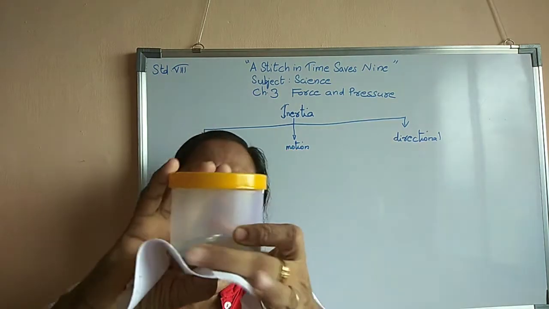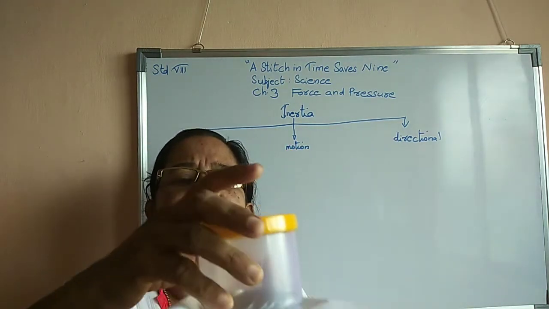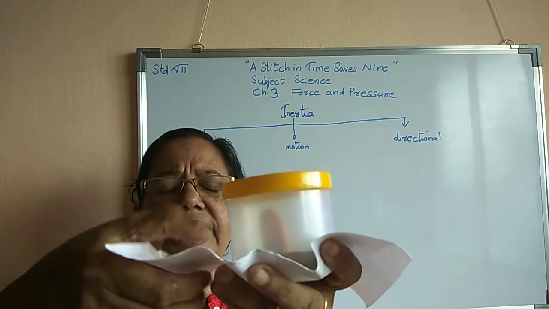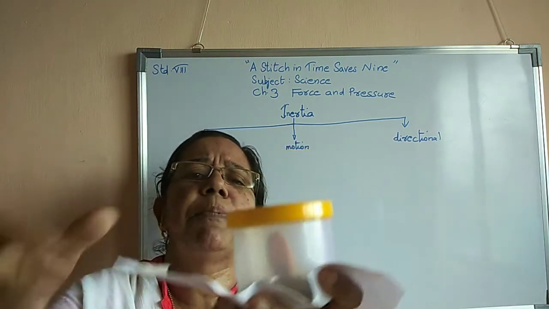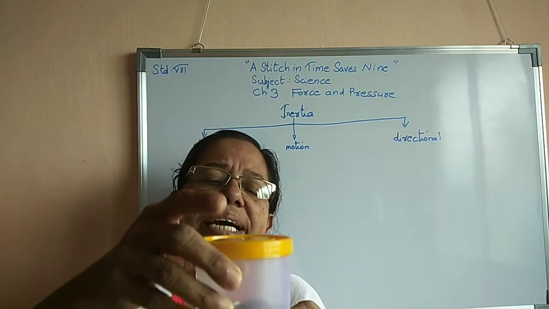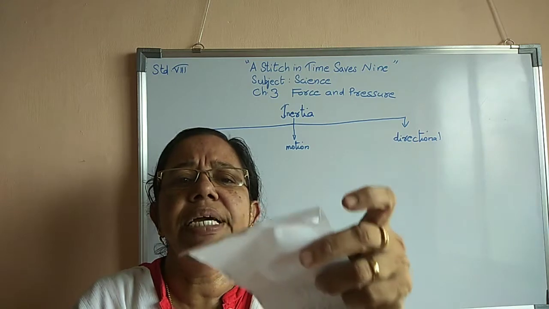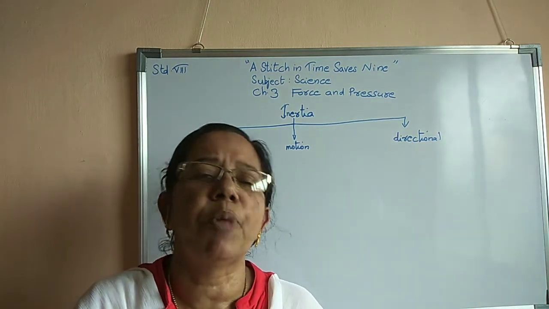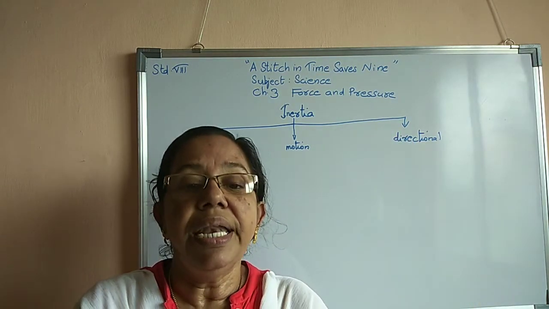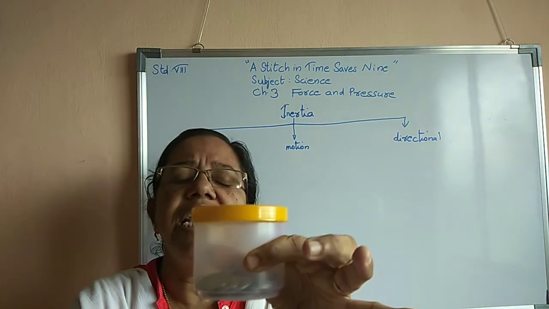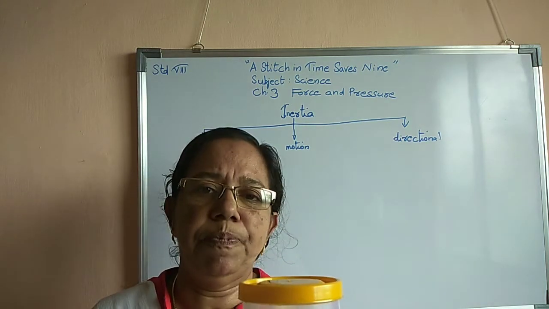On that we have to keep this box. After that we have to give a jerk, like suddenly we have to pull this paper. So you can find that the box will remain on the table. At the same time this paper will slip off.